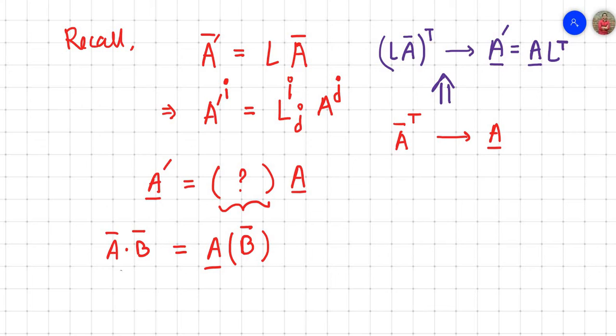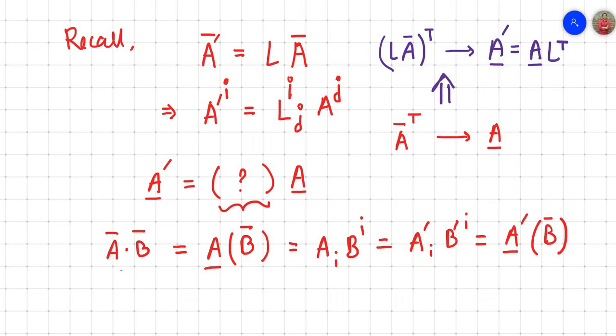Then in the component form we get A_i B_i, and by our presupposition I should get A_i prime B_i prime, which is A dual prime acting on the B vector.